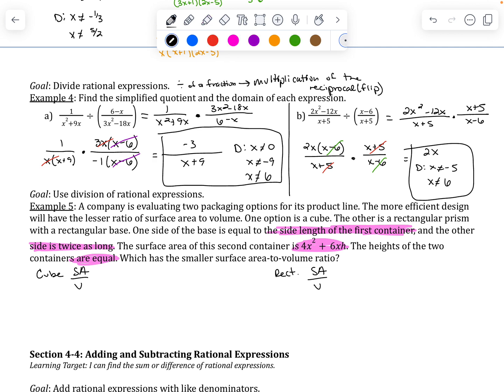Okay, so based on that, surface area, remember, is the area of each face added together. For a cube, you have 6 faces of a square, and we know that the height is going to be equal to the other side. We're just going to call that h. So this is 6h squared over volume, which for a cube is obviously just your side length cubed.